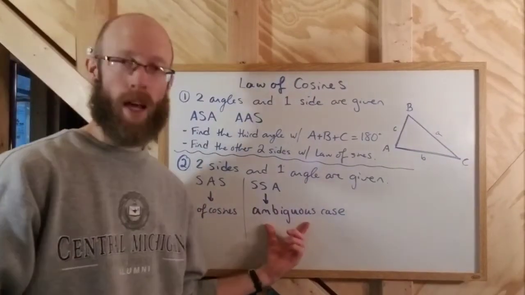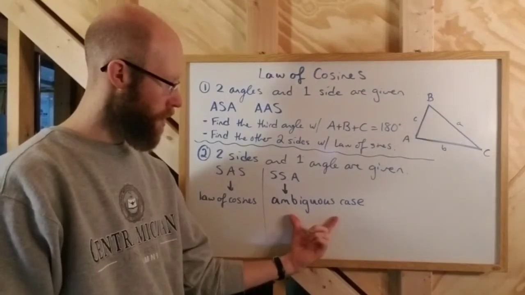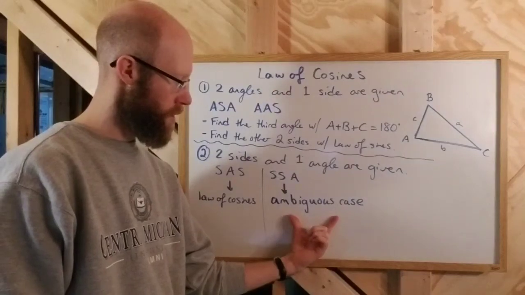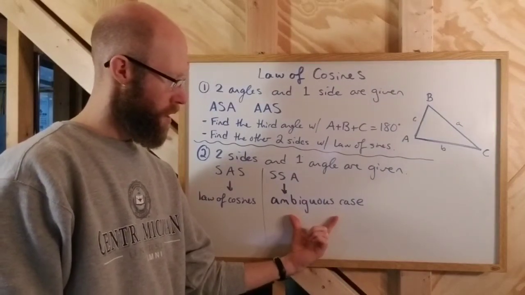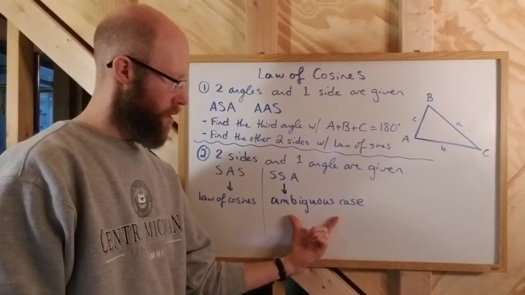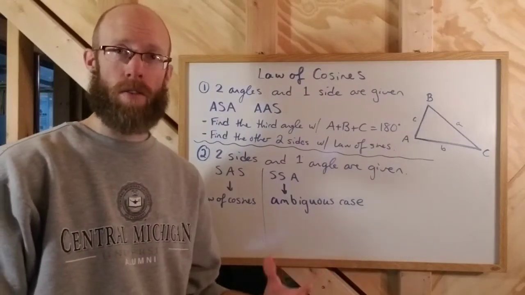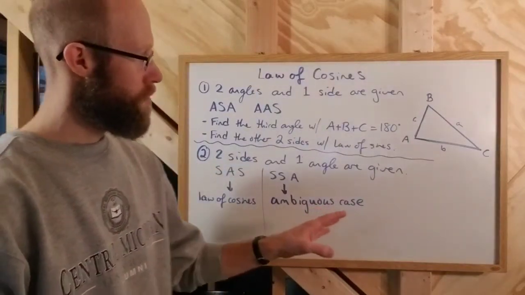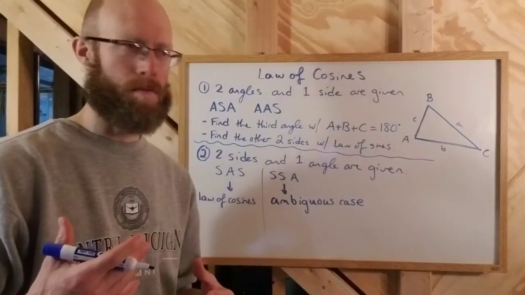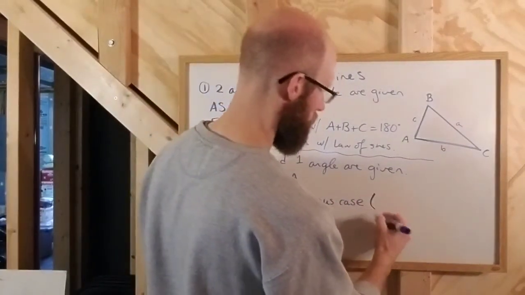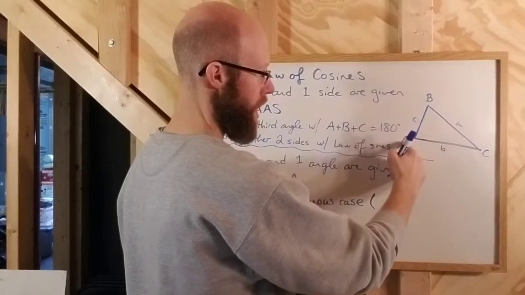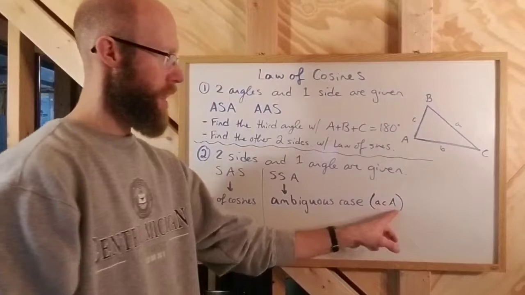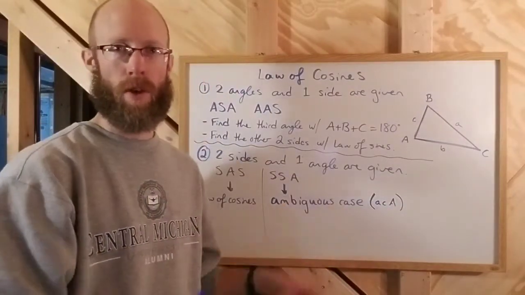Well, the ambiguous case you've seen all really depends upon the size of the information given, the sides and the angle. And so remember, I used the example, if you were given side a, side c, and angle A, we'll use that as our side-side-angle combination just for reference here.